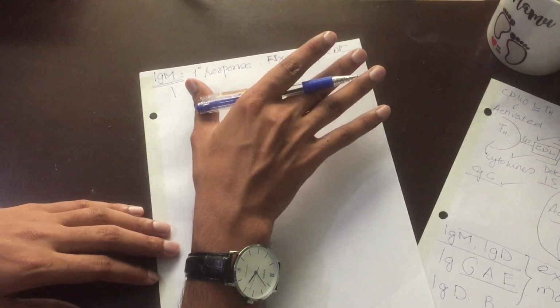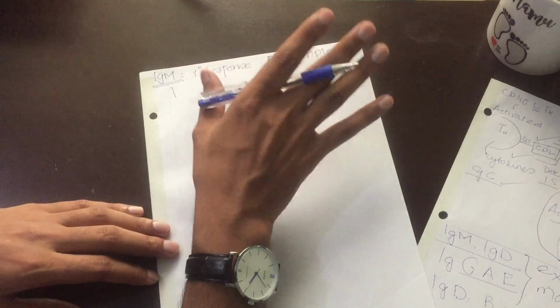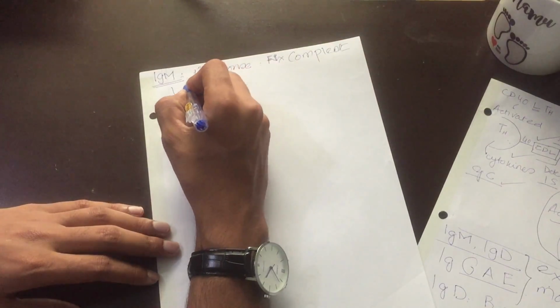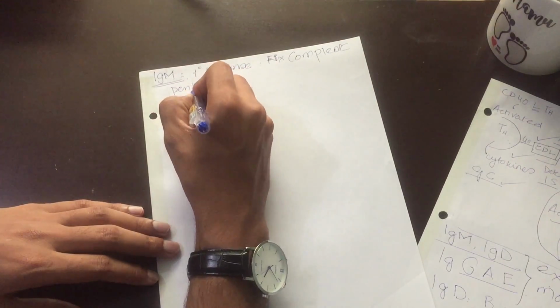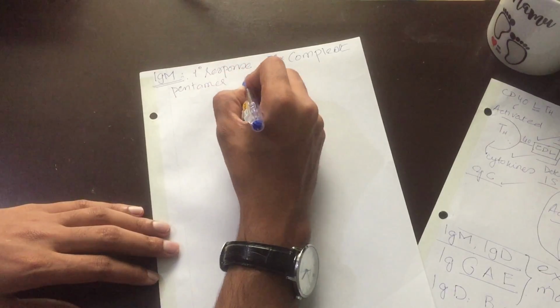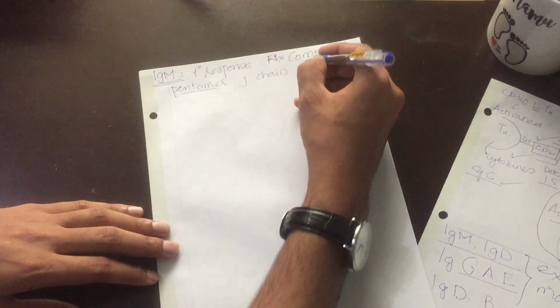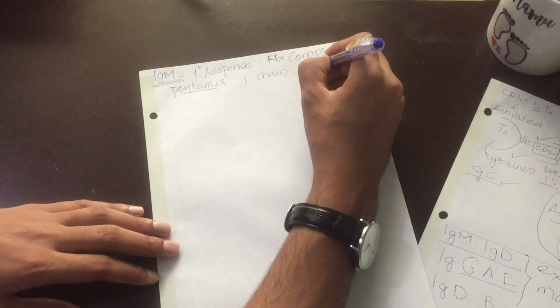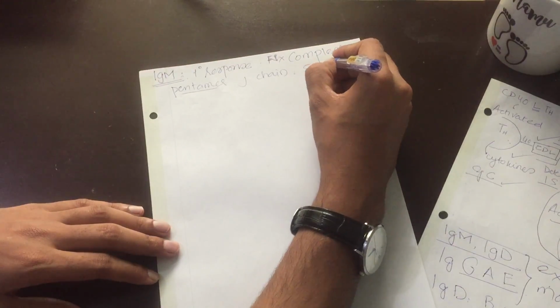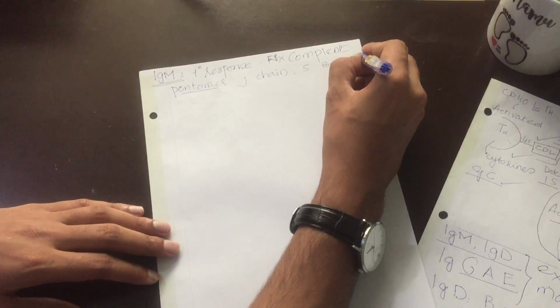In serum it exists as a monomer, but when it is secreted it becomes a pentamer with the J chain, and this pentameric structure gives IgM 5 binding sites.